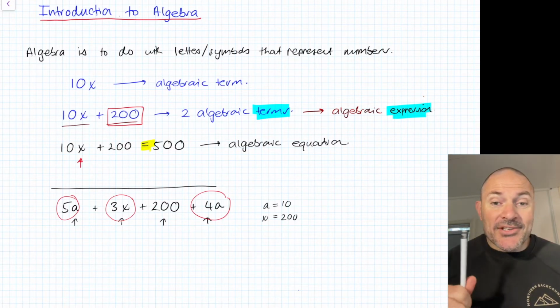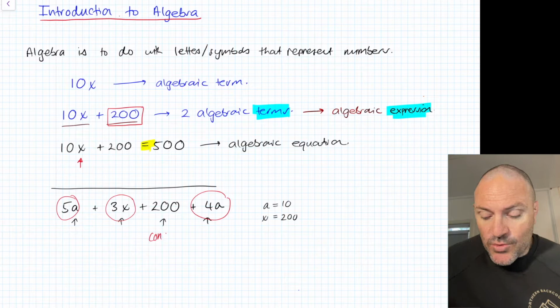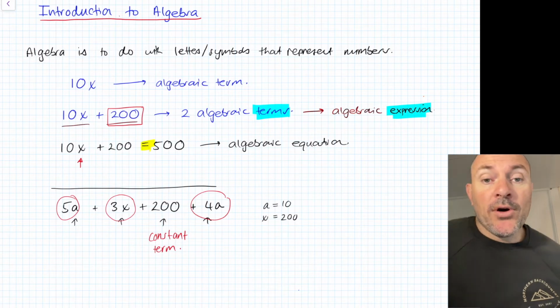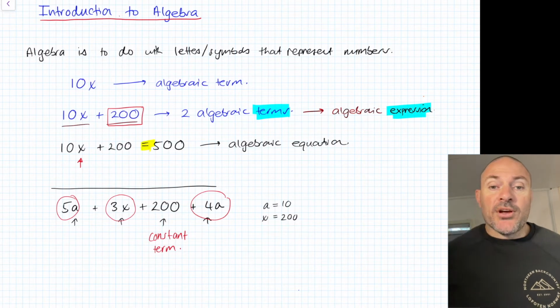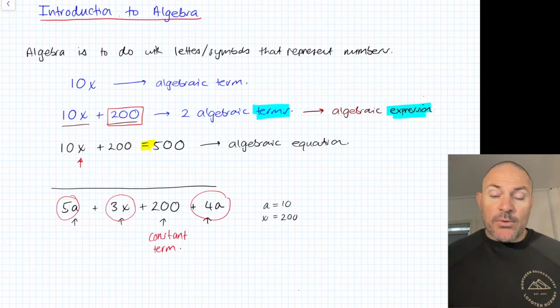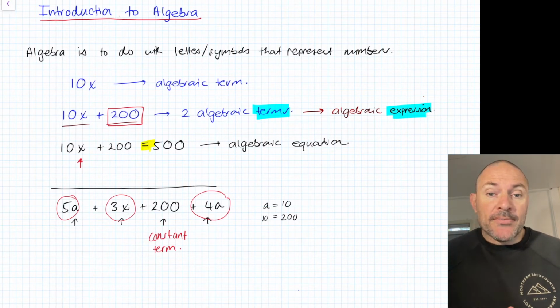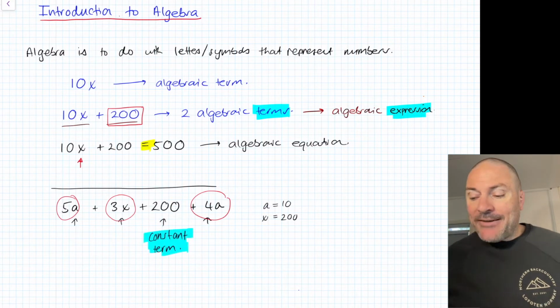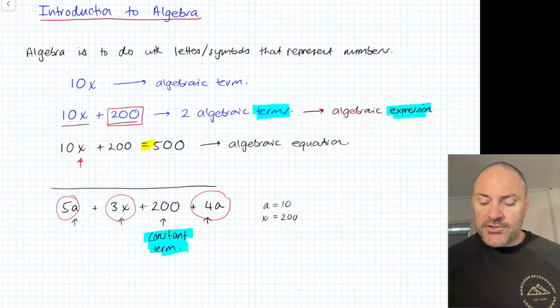The one thing that doesn't change is the 200. So we will call him a constant term. Yes, he's still an algebraic term, but we often refer to him as a constant term because he can never change. I can change the values of a and x, but he will always be 200. That's pretty cool, right? So that's another term that we have to learn, the constant term.